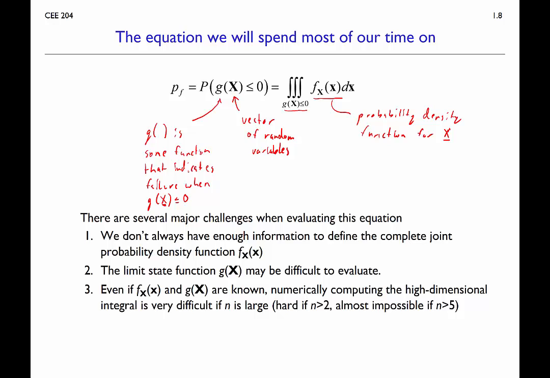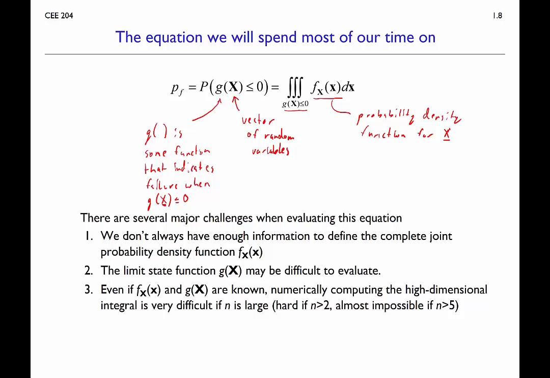Okay, and then third, even if those first two problems don't exist, even if I know my complete probability density function, and even if I can evaluate this limit state function, this integral can be high dimensional. Right? And numerically evaluating a high dimensional integral is problematic. And I should note, basically never can we evaluate this integral analytically. We're almost always going to be evaluating it numerically.